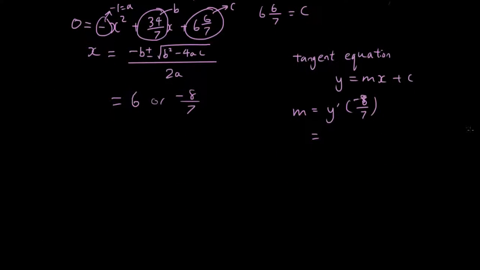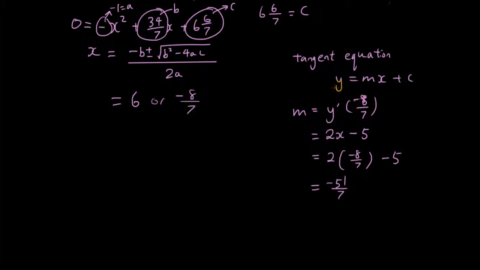Confirm that one last time. Yep. So it's 2 times negative 8 over 7 minus 5. So let's now put that into the calculator. And the answer is negative 51 over 7. And that is the gradient of the tangent.